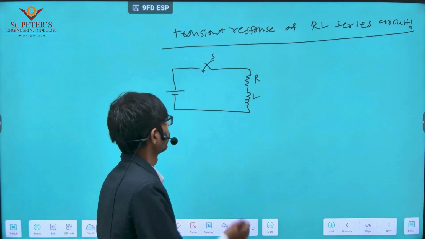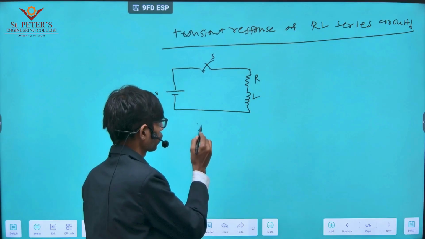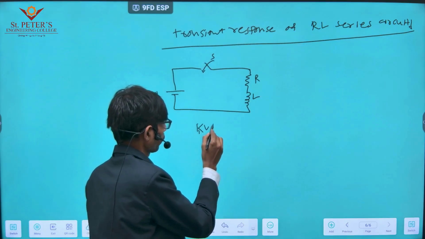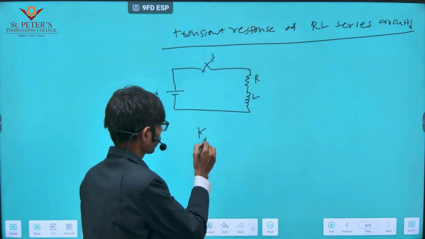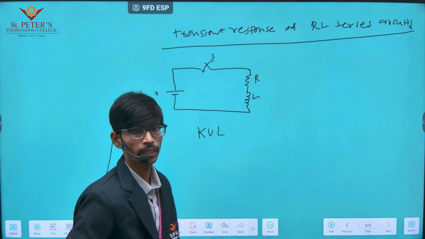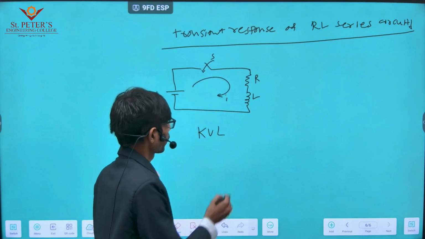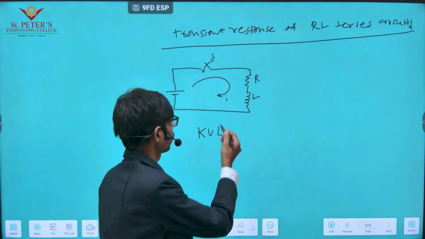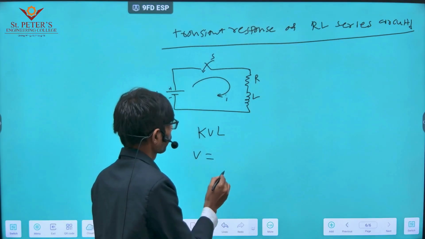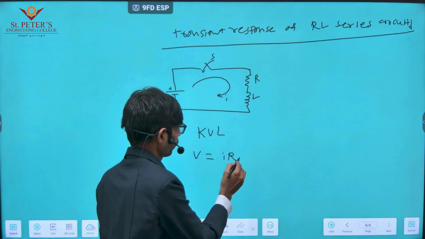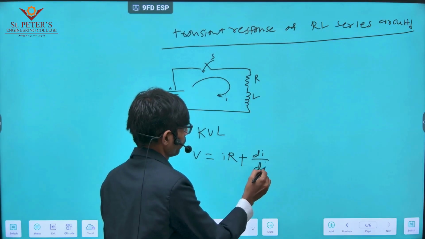For this, we have to write Kirchhoff's voltage law, considering the current as I. Writing KVL, V is equal to IR plus L di by dt.